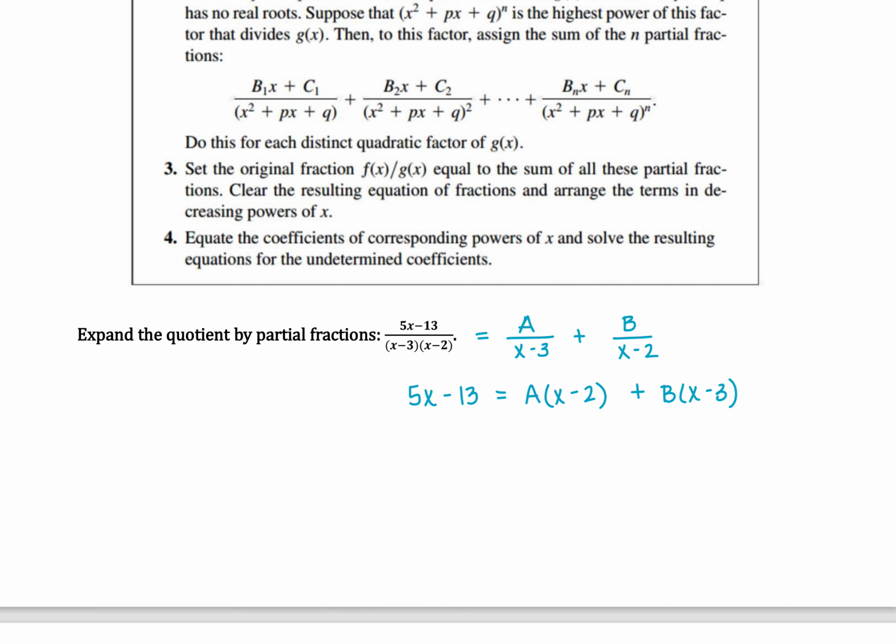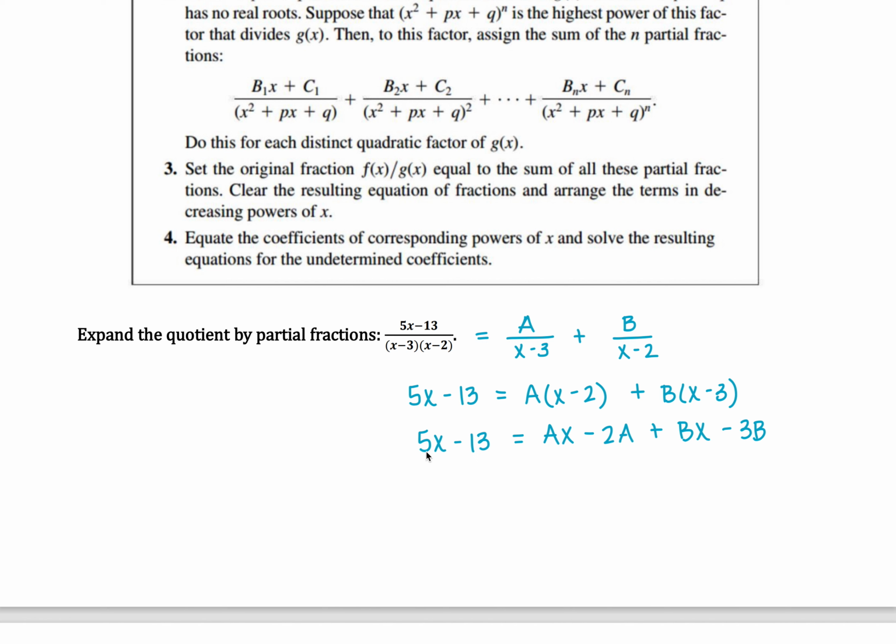There are a couple ways that you can go about doing this. One way that you can go about finding your A and B is by setting up systems of equations. I could rewrite this and say 5x minus 13 equals Ax minus 2A plus Bx minus 3B. And then I could sort out my terms that have an x and the terms that don't have an x.